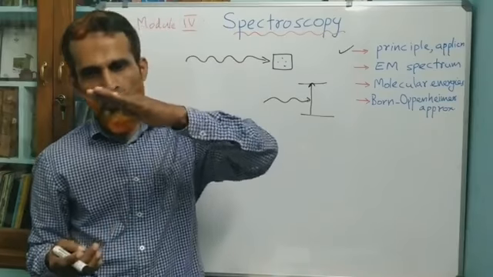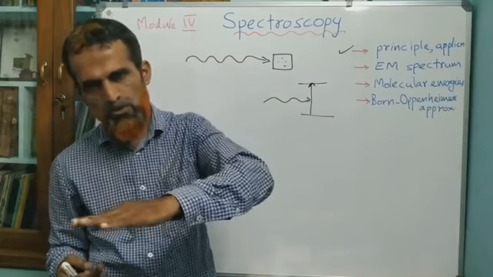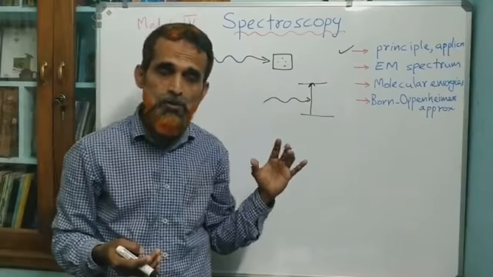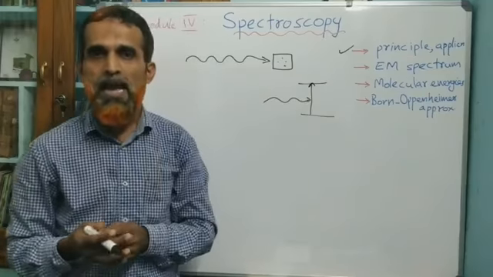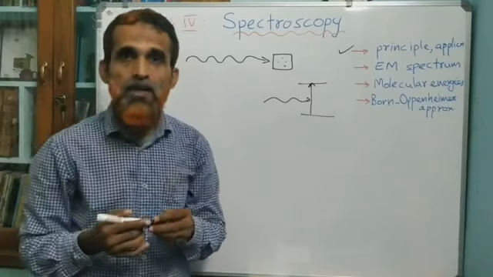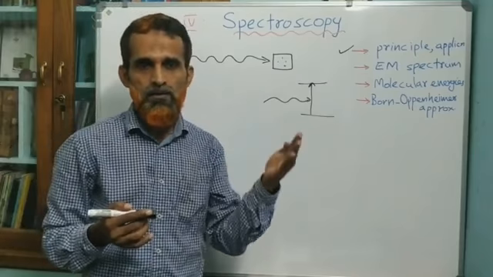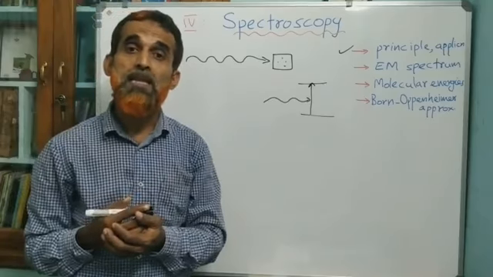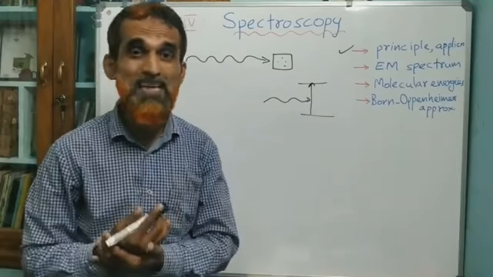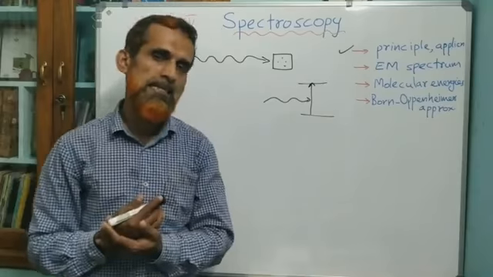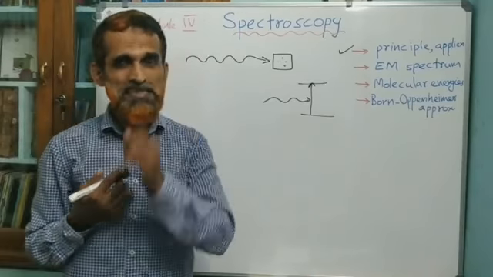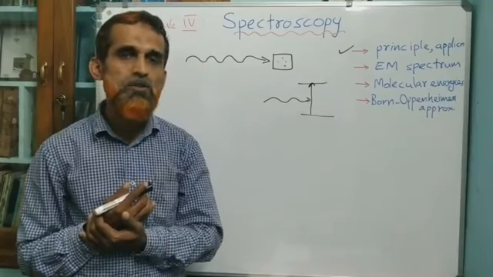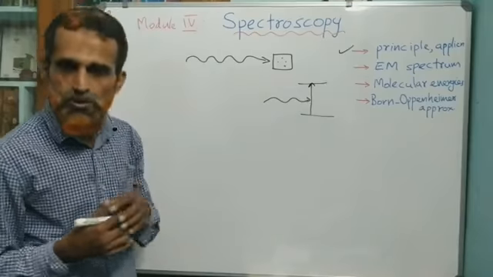So the molecule moves from a lower energy level to a higher energy level by absorbing radiation of suitable frequency or wavelength, and it is governed by quantum mechanical selection rules. What are quantum mechanical selection rules? We will discuss in detail later. They are certain restrictions put forward by quantum mechanics for transitions to occur.